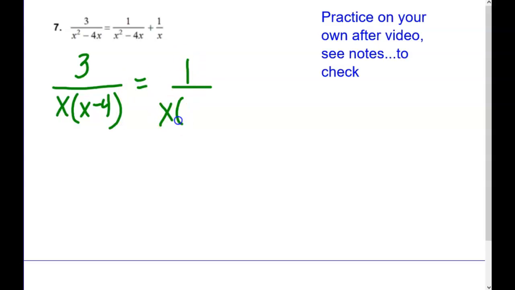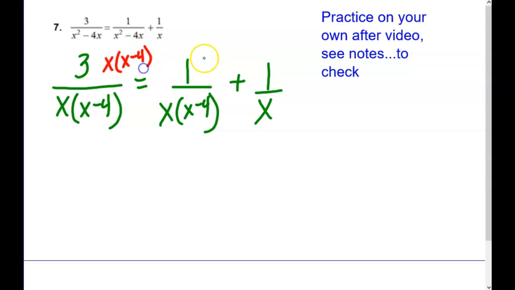This does look a lot like something that's on the quiz, I think. So I'm going to do this one. 3 over, I'm going to take out an x. Okay, what's the common denominator? We got this, guys. x and x minus 4.